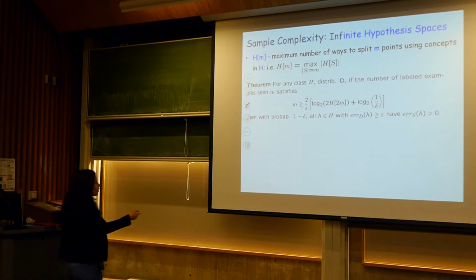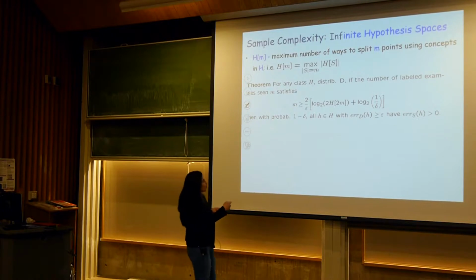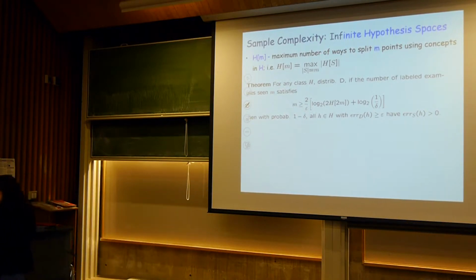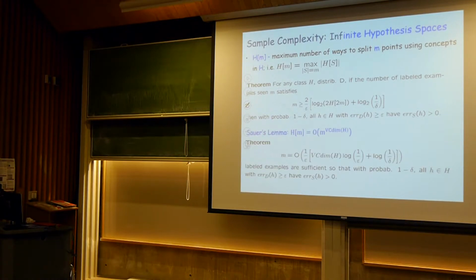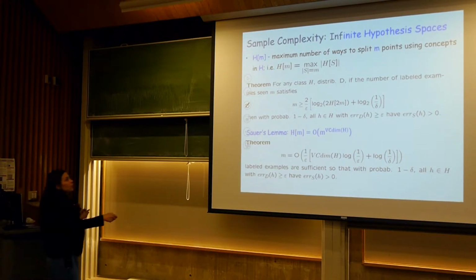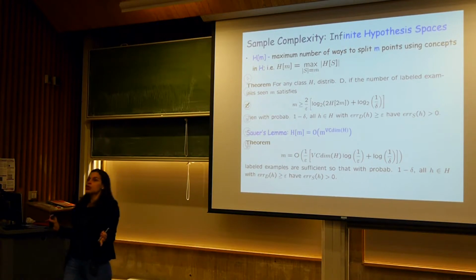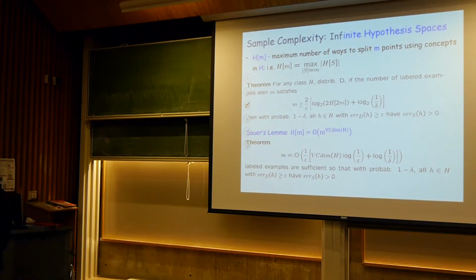Now, this bound is not super pretty, because it has m on both sides, and it's hard to think about what it means. So it turns out we can simplify it, and relate this quantity H of m to a very nice and intuitive combinatorial quantity called the VC dimension of the concept class, which I'm going to define later.